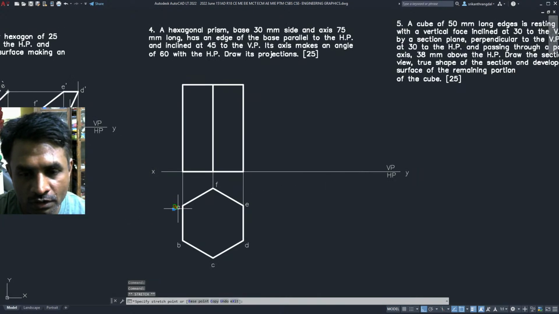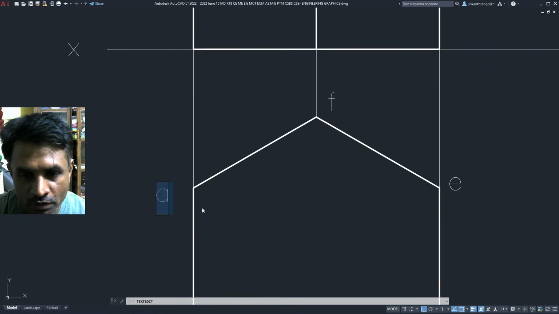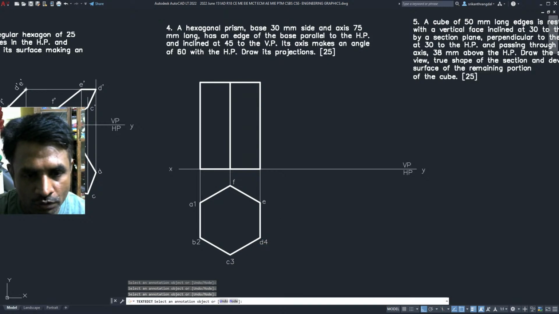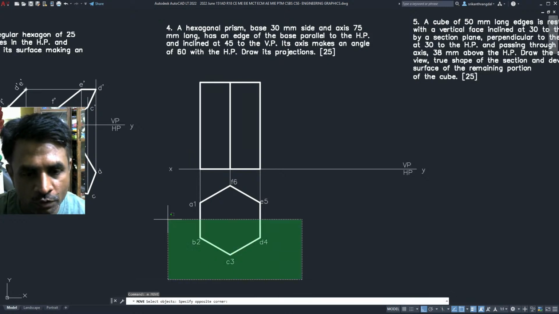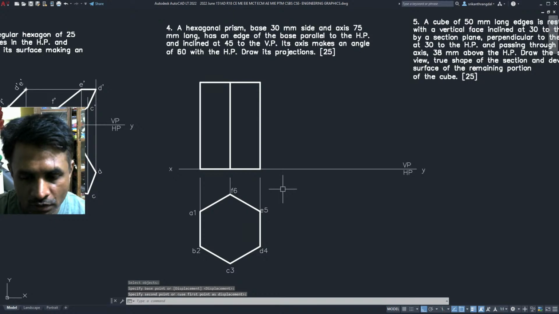As I told, each corner is going to have 2 points. I'm going to take the bottom point as A, the top point is 1, here will be 2, here 3, here will be 4, here will be 5, here will be 6. The bottom points I'm going to take with alphabetic letters.